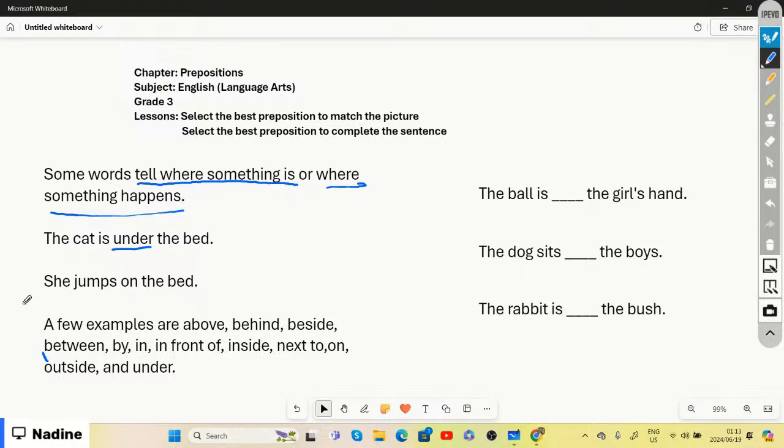So we need to identify in the sentence she jumps on the bed, where is she jumping?